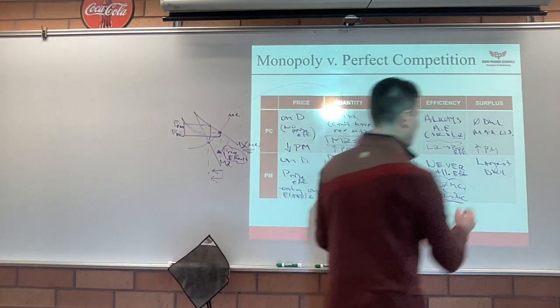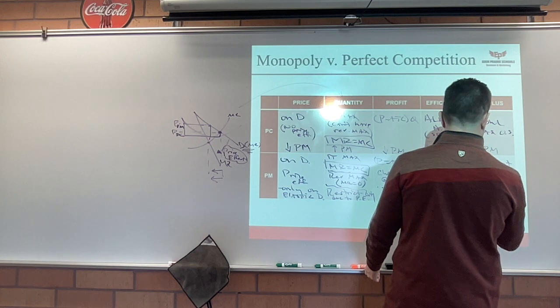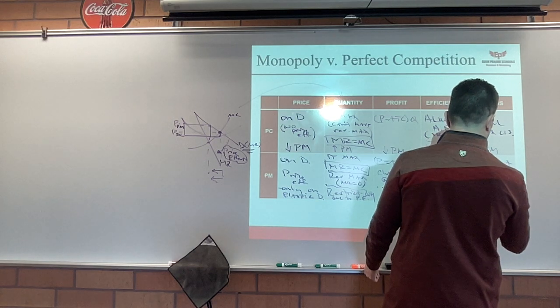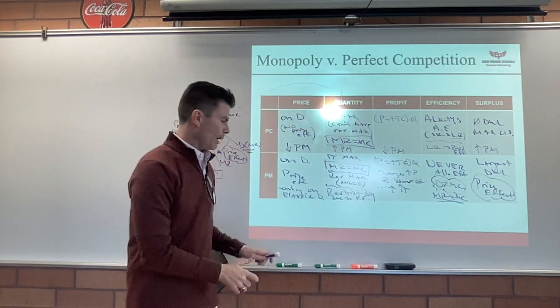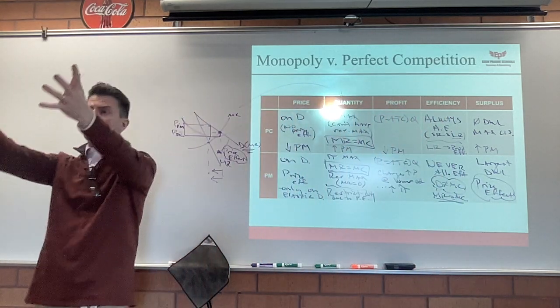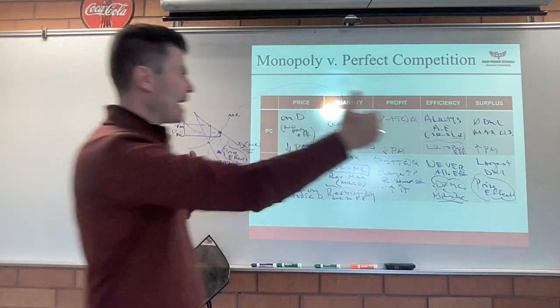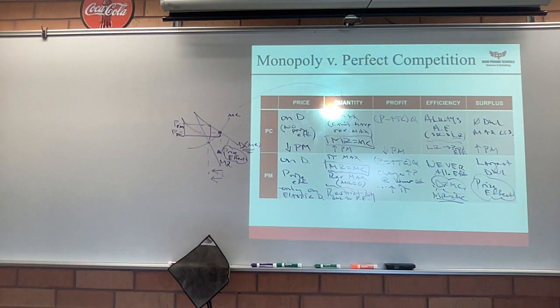And it has the largest deadweight loss, and the reason again is because of that two-letter word, the price effect. Right. So we can compare it on a graph, and now we can just go side by side and compare these two, and see what the differences are.